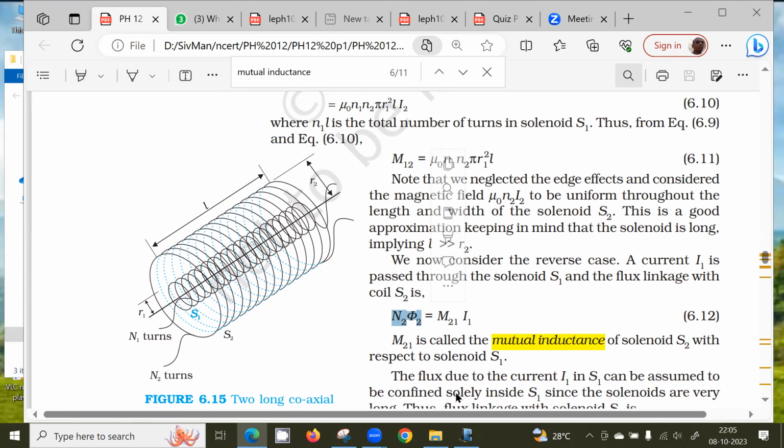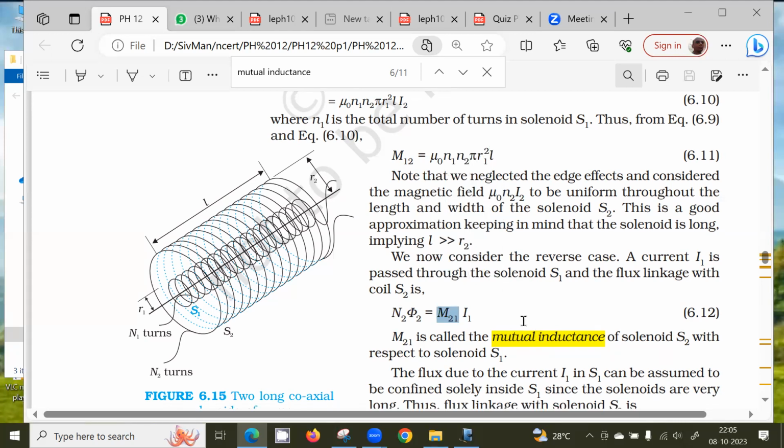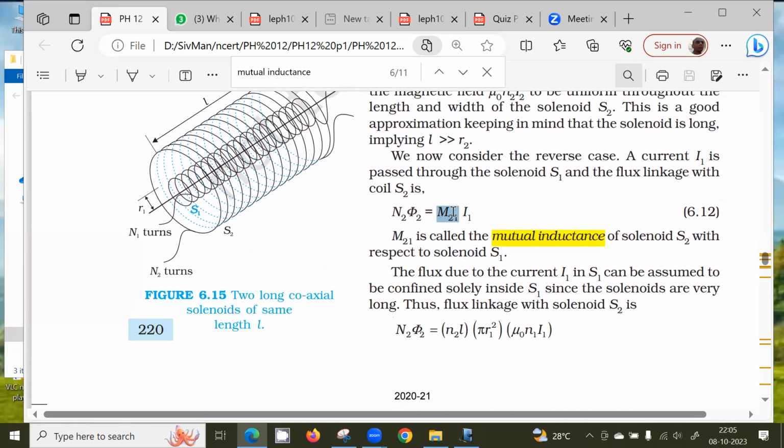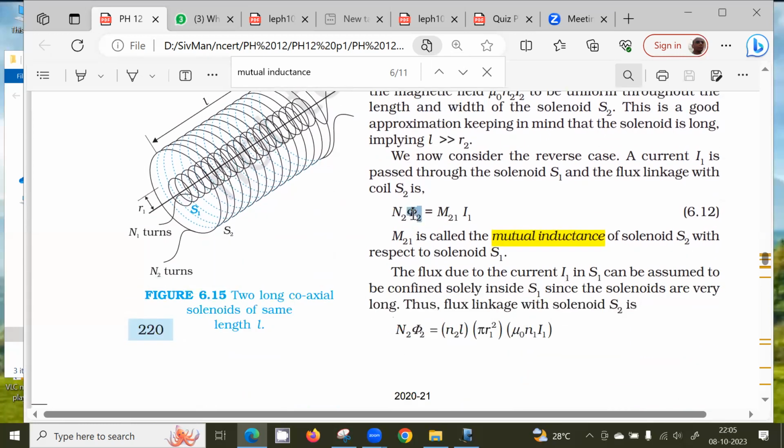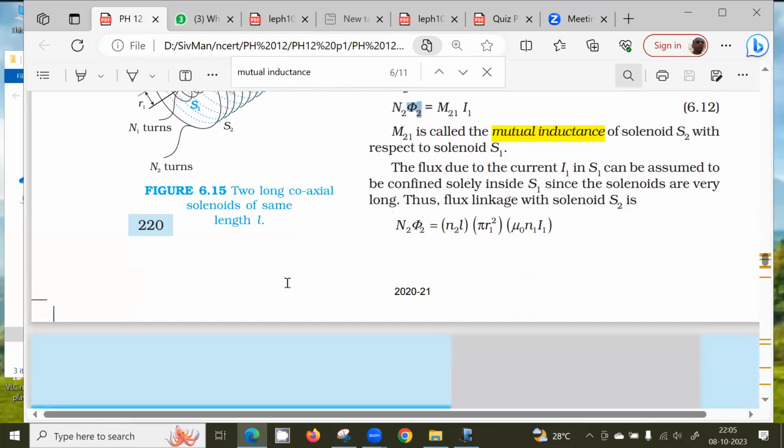There is a proportionality constant, because if the current is more, the flux linking the second coil will be more, and that constant is the mutual inductance. Once I know phi 2, I can find the EMF induced in the second coil just by d by dt of this phi 2.